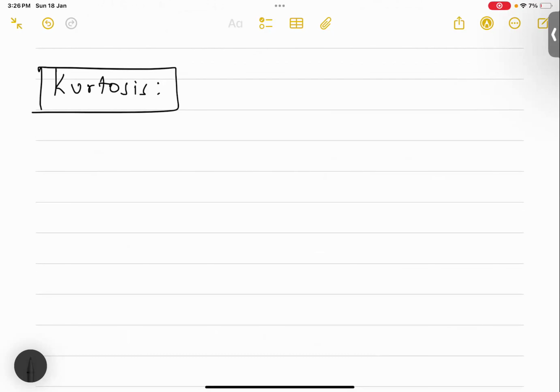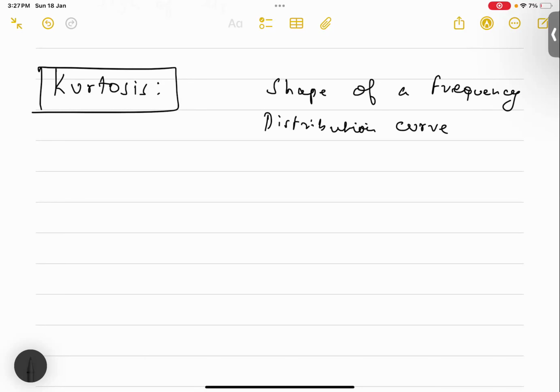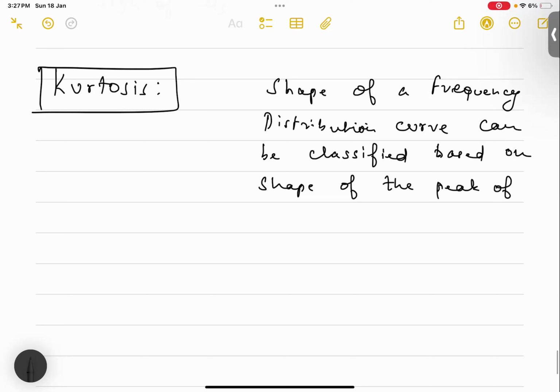The shape of a frequency distribution curve can be classified based on the shape of the peak of the curve.